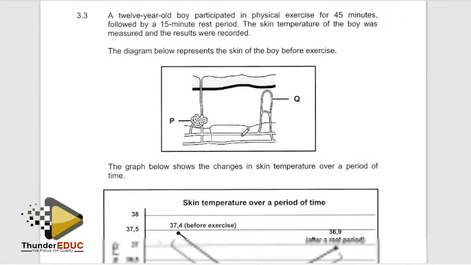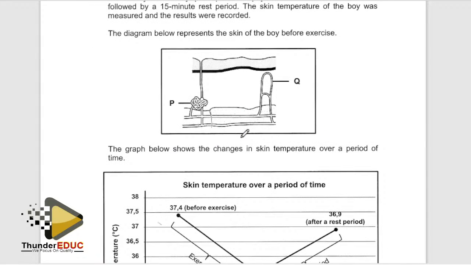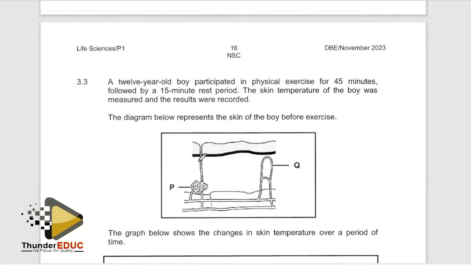Then the second last question, they're saying that a 12-year-old boy participates in physical exercise for 45 minutes, followed by a 15-minute rest period. The skin temperature of the boy was measured and the results were recorded.